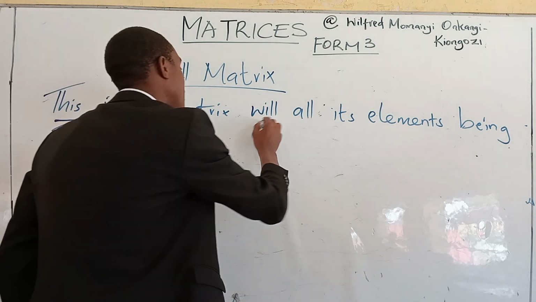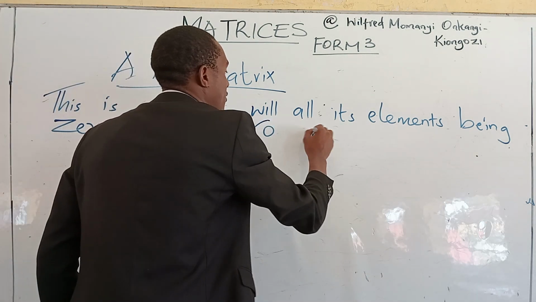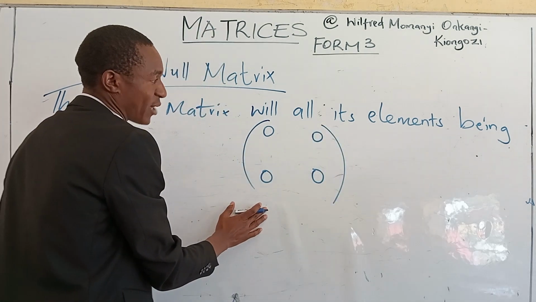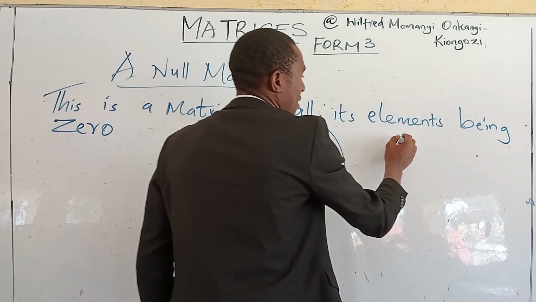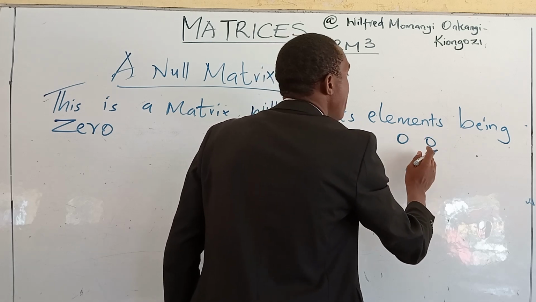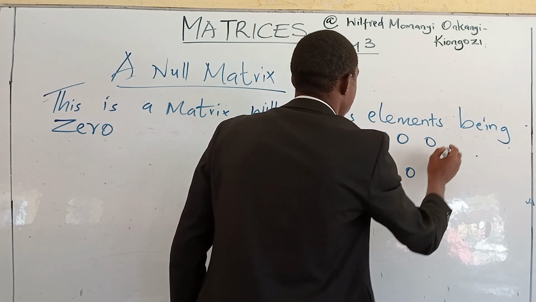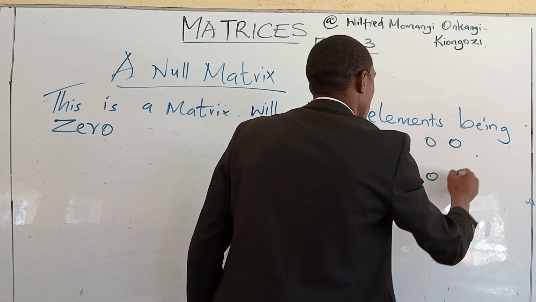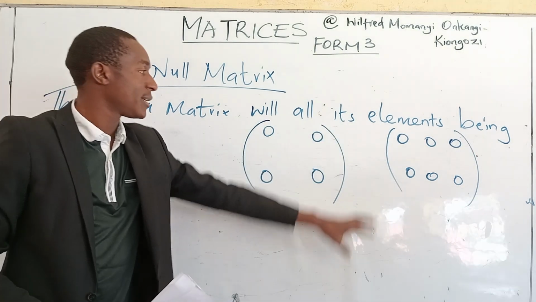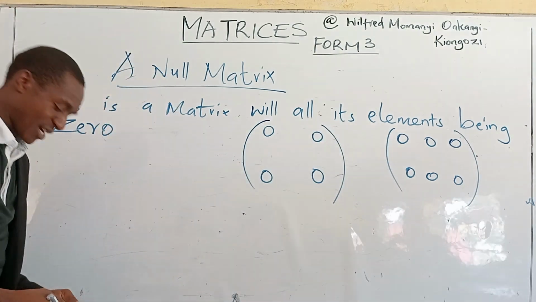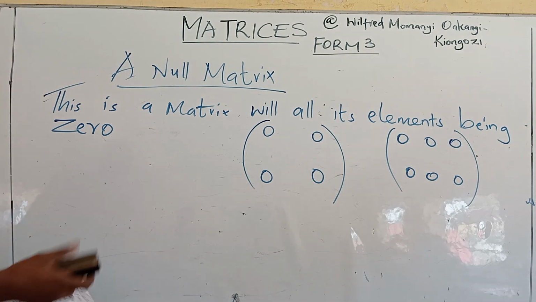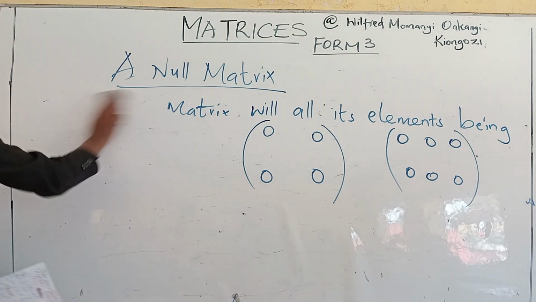For example, I have this kind of matrix, and this is a 2 by 2. I can also have another one like this. When all the elements in this matrix are zero, we call it a null matrix. And we have maybe a point or two to note before we come to the end of this lesson.